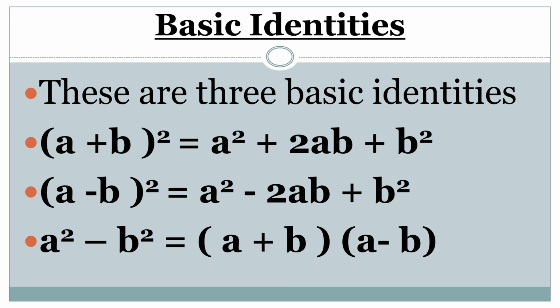Most of you are already familiar with these identities, such as (a plus b) whole square is equal to a square plus 2ab plus b square, the second identity is (a minus b) whole square is equal to a square minus 2ab plus b square, and the third identity is a square minus b square is equal to (a plus b)(a minus b). So before we move towards the next questions, first of all students, you must write these identities at least 5 times.